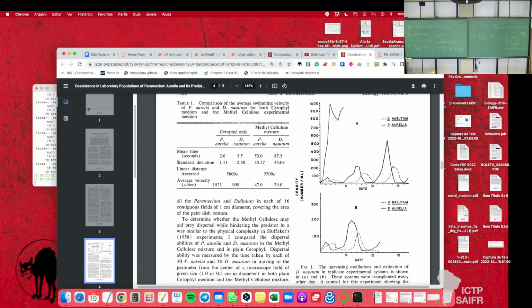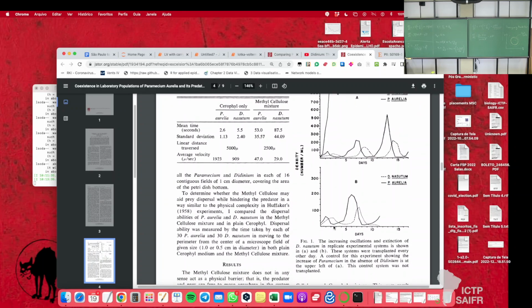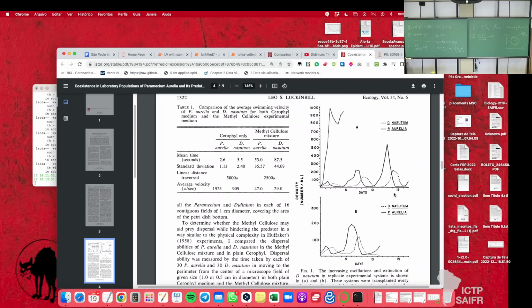He got something like this. Over up to 18 days, you have some oscillations, but the system crashes again. So oscillations, but at the end of the day, the population of Paramecium gets extinguished, and then the Didinium also, because it's a manipulated system with only Paramecium and Didinium.